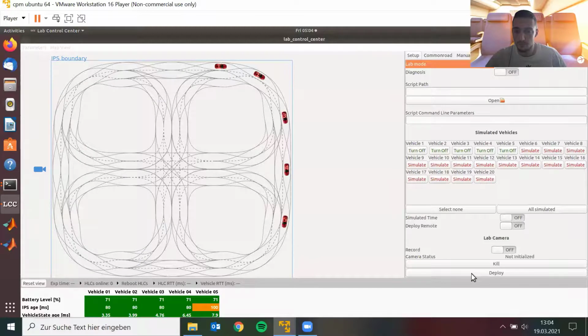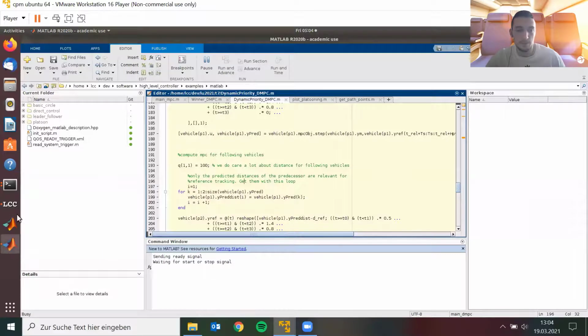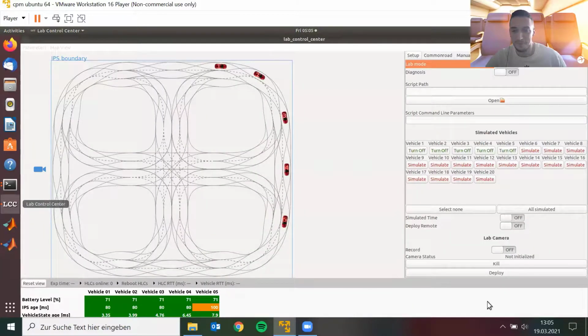Oh, maybe click deploy. The problem is that when Zoom is running, there are already many resources taken from my computer. So I hope this does not have any effects on the main control loop.